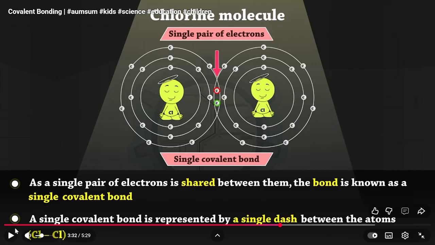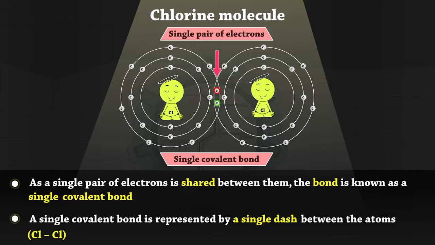So Ryan, you were asking what goes in the little boxes. We have a chlorine molecule. And here we have a single pair of electrons being shared. 1 pair. And that is called a single covalent bond.